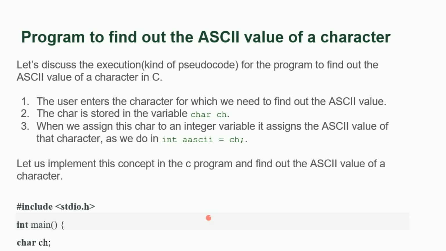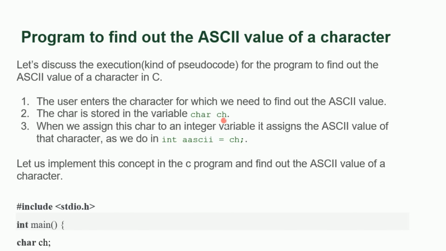Then the program to find the ASCII value of a character. If you are taking a character, it is the concept of converting a character to a number. When we convert a character to a number, it is the ASCII value of that character. For every character there is one ASCII value, as you already know. Here the user enters the character for which we need to find the ASCII value.